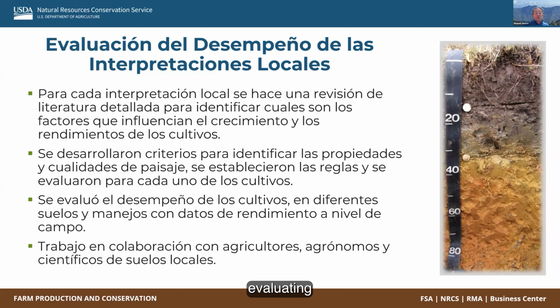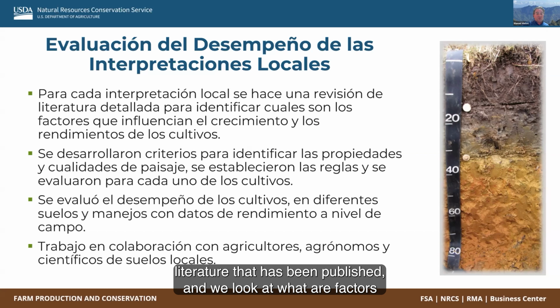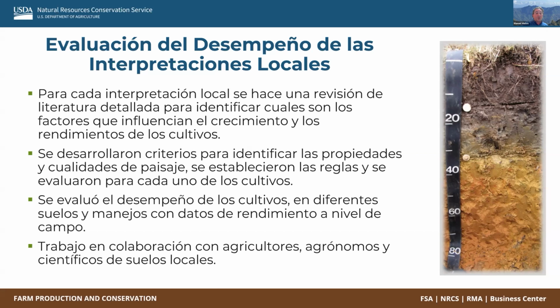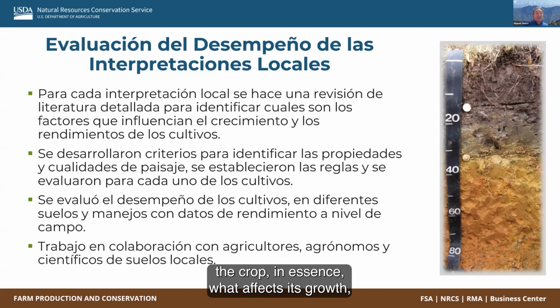evaluating the local interpretations, we look at the literature. We look at specific literature that has been published, and at the factors that influence growth and physiological processes. For example, what affects the crop in essence, what affects its growth, its rate of growth, and its productivity.